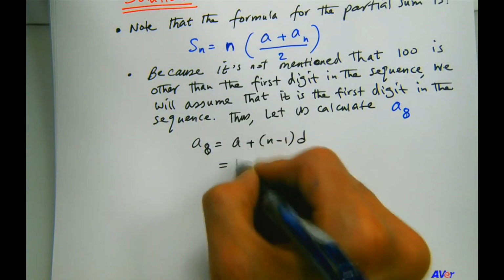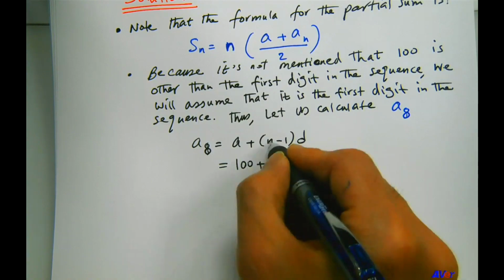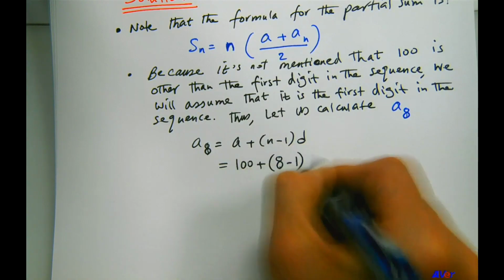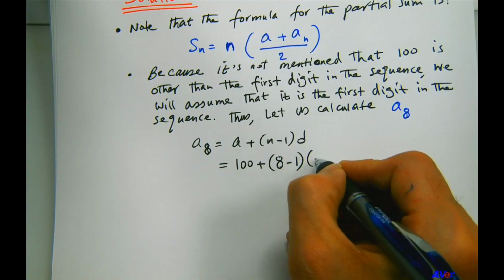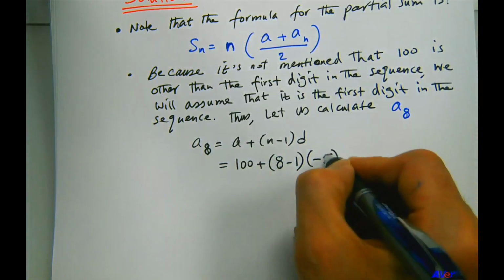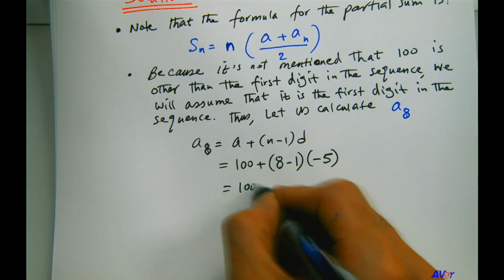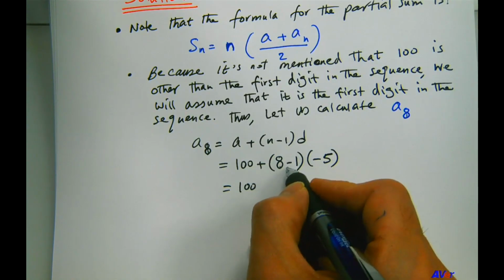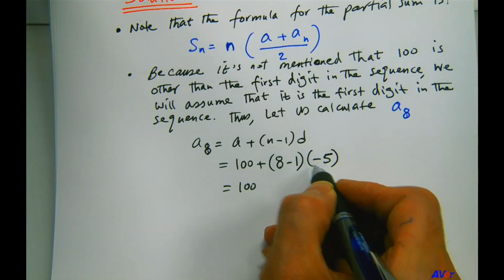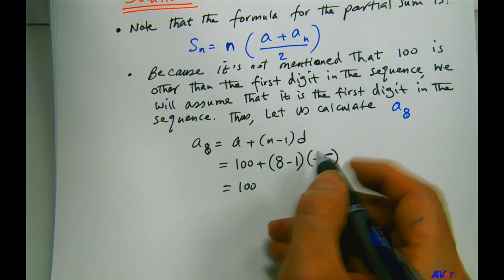So this would be 100 plus 8 minus 1 times d, which is negative 5. Okay, so we have 100, 8 minus 1 is 7, times minus 5 is minus 35.